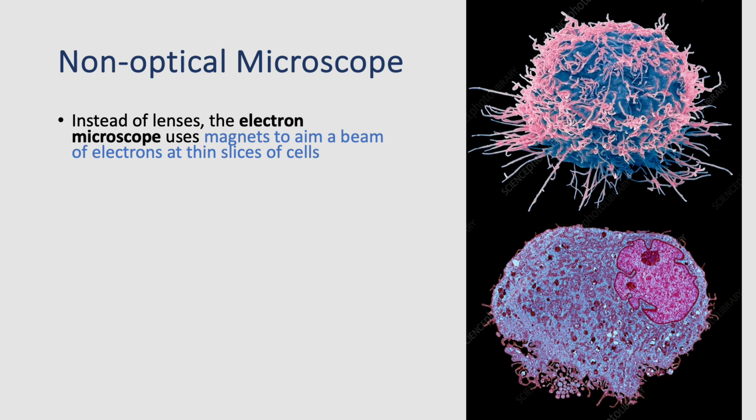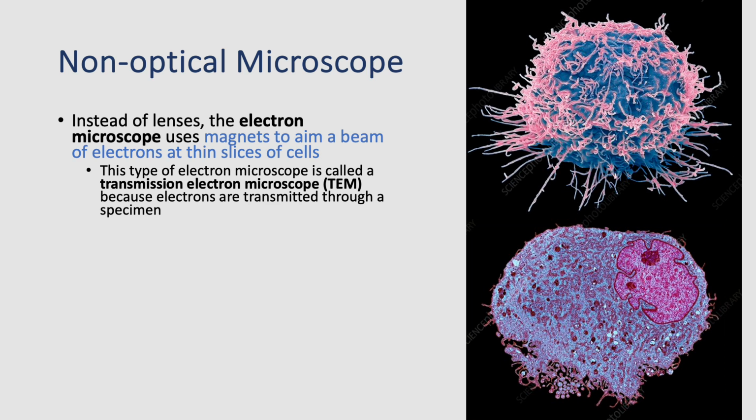Now, other types of microscopes use electrons instead of lenses, and these are non-optical microscopes. In a non-optical microscope, magnets aim a beam of electrons at a thin slice of cells. This type of electron microscope is called a TEM, or a transmission electron microscope.